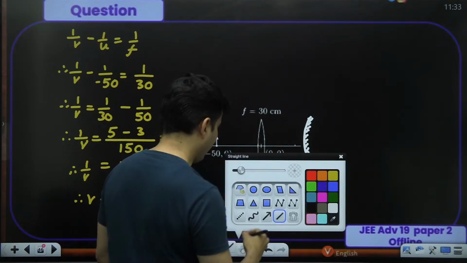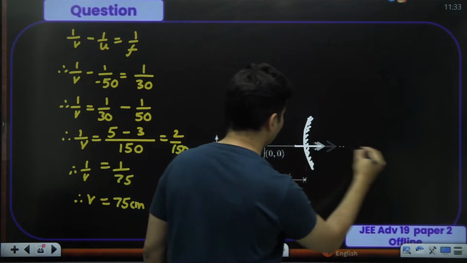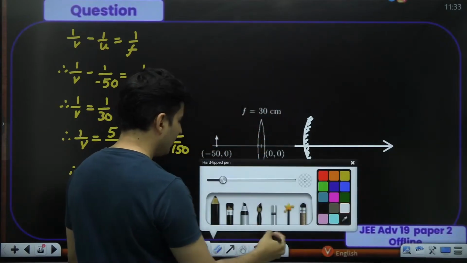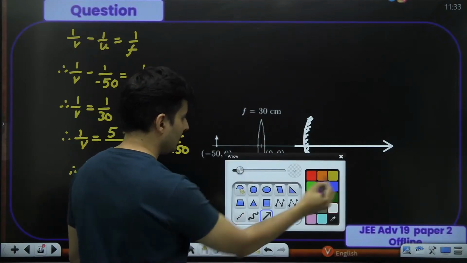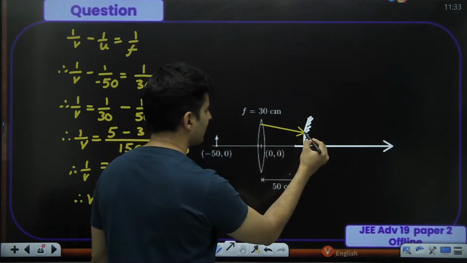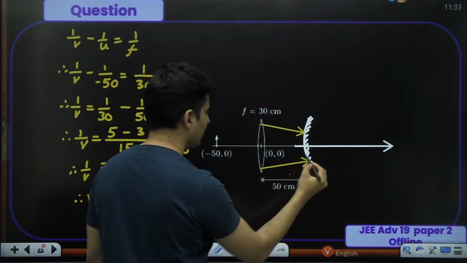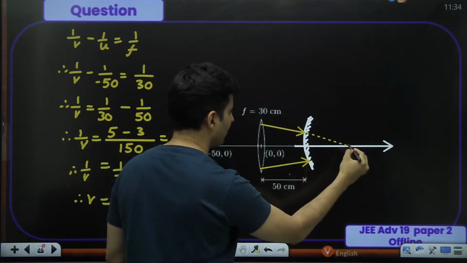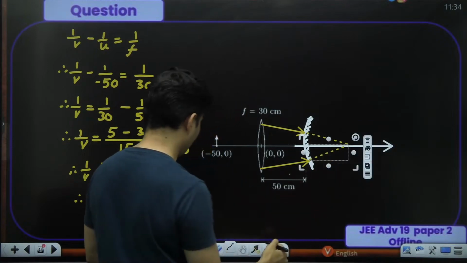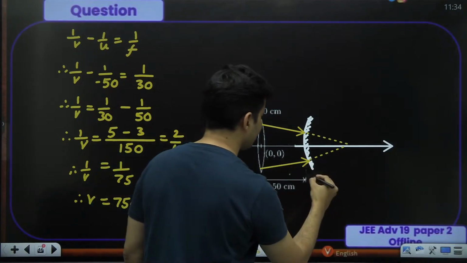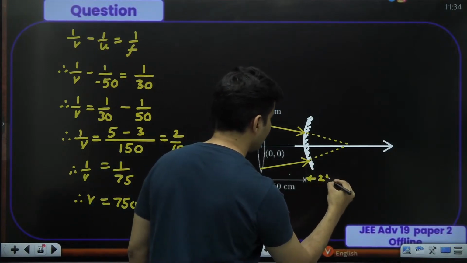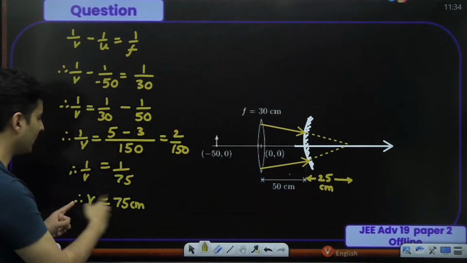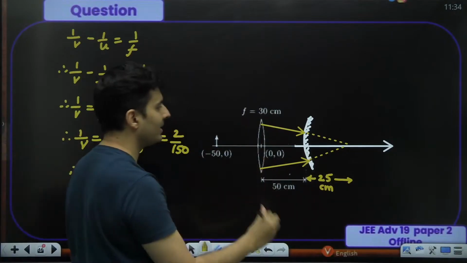You have this principal axis like over here, and the rays coming from the lens are essentially trying to form the image somewhere over here. That distance from here to here is obviously 25 centimeters, because the total image distance from the lens is 75 centimeters.